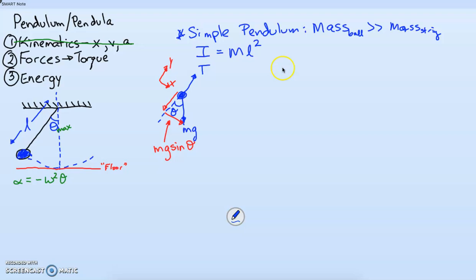So let's take a look at the effect of these torques on the motion of the pendulum bob. So remember, torque is R cross F, and what it produces is a twist about some axis of motion.